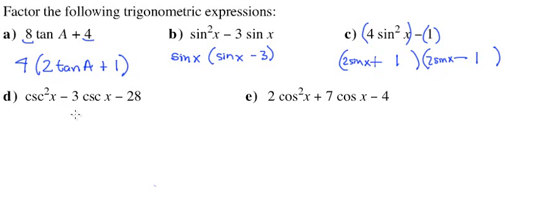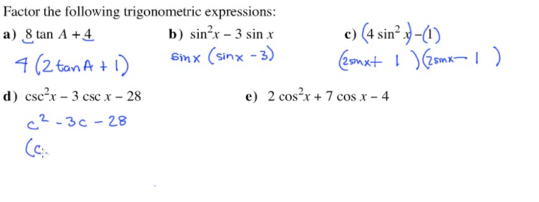Cosecant squared x minus 3 cosecant x minus 28. I'm going to suppress the cosecants here just to make this a little clearer. c squared minus 3c minus 28. It's a quadratic. We need two numbers that add up to minus 3 and multiply to minus 28. I'm thinking 7 and 4.